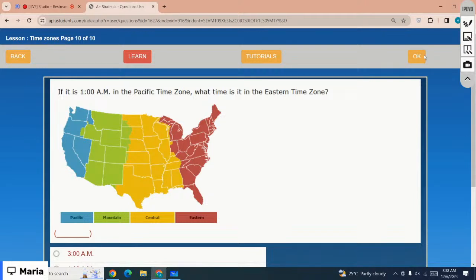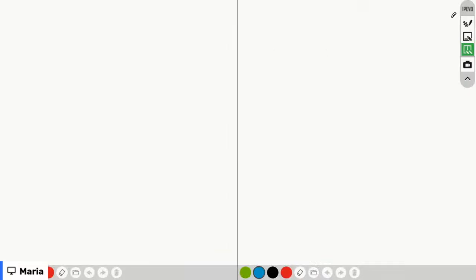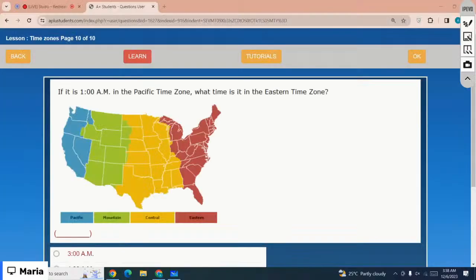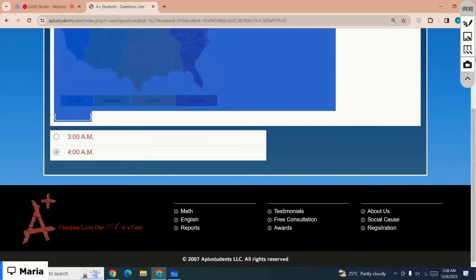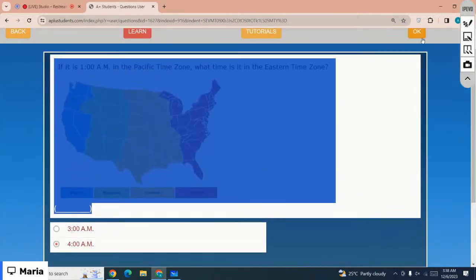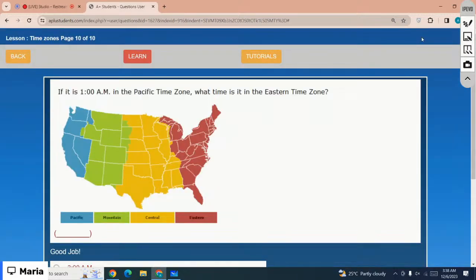From Pacific to Eastern, that is 3 hours ahead. So you need to add 3. So 1 plus 3 equals 4, right? The correct option is 4 a.m. Very good. Okay, we are done with the lesson.